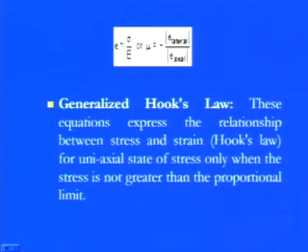Once you have the strain, which is measured, and once you have the Young's modulus of elasticity, which is a specific property of the material, you can easily get the stress, which is sigma equals epsilon into E. Or we can also get the Poisson ratio, which is nothing but equal to minus epsilon lateral divided by epsilon axial.